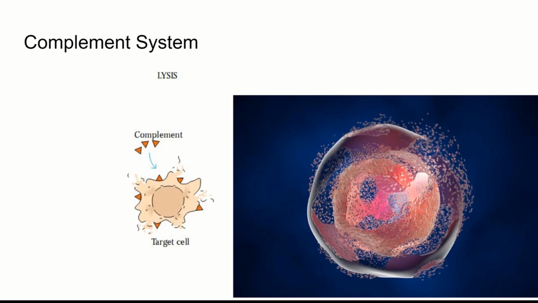So this is one of the ways that we can cause a cell to go through the death process to actually self-destruct. So the complement system is how we trigger apoptosis.